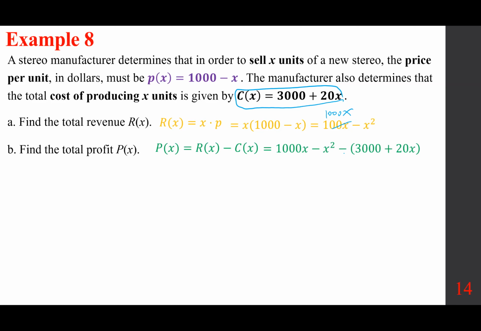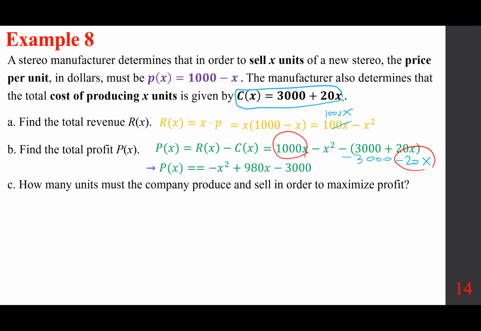So this is minus 3,000 minus 20X. We can put these two together, and to put it in descending order, we get minus X squared plus 980X minus 3,000. So that's the profit function.